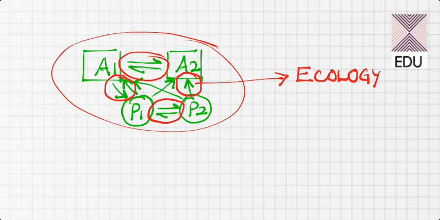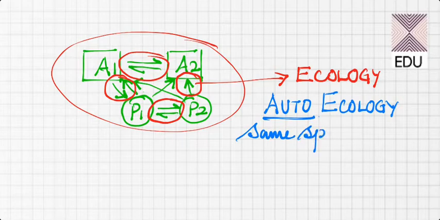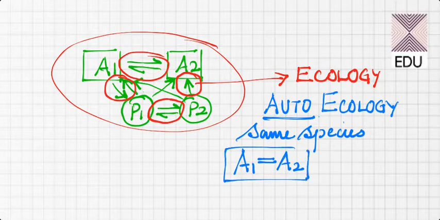The first aspect is called autoecology. Auto is like automatic, it refers to the same species. So if you study the interaction between the same species, like A1 and A2 of the same species, then this is called autoecology.